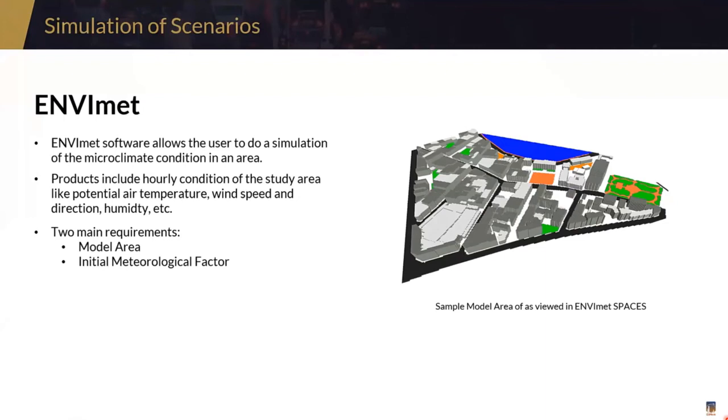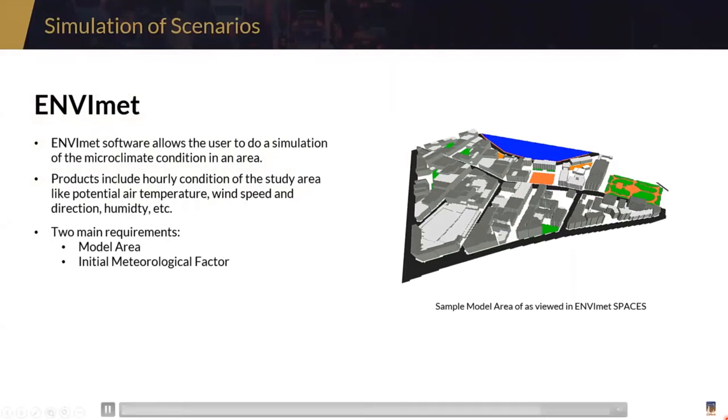So yung products niya includes yung mga early condition ng study area, like yung pinakitang maps kanina, potential air temperature, land surface temperature din, and may wind speed and direction and humidity and some environmental factors din.